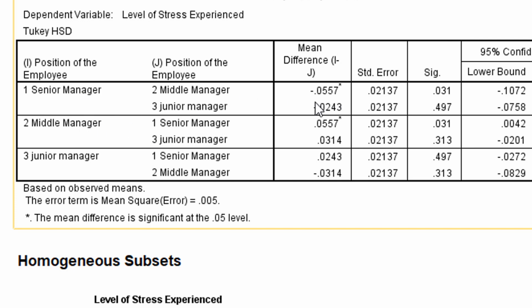So there are differences between the stress levels of senior managers and middle managers, but there are no gender differences over there. So we can conclude from this table that these multiple comparisons show that senior and middle managers have different stress levels.